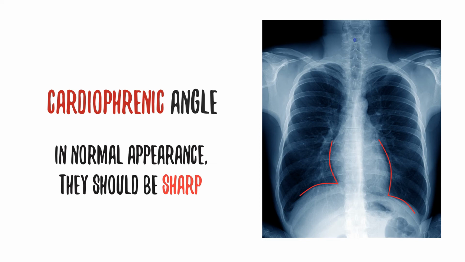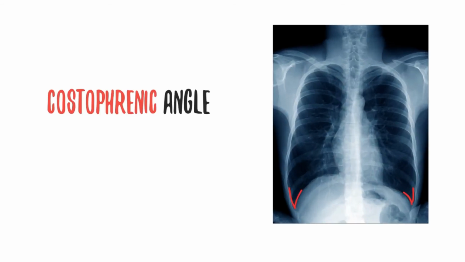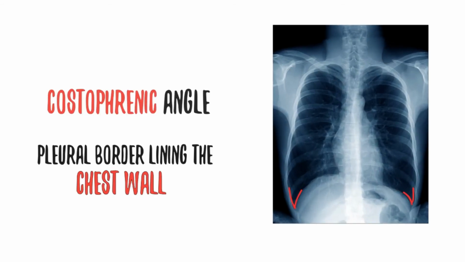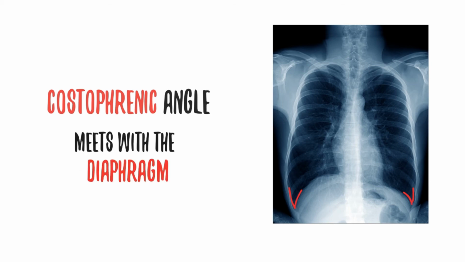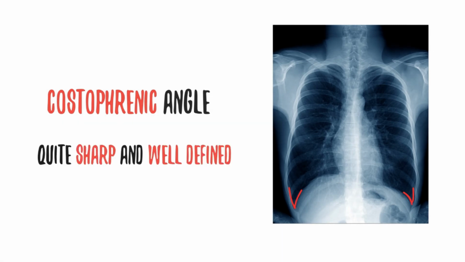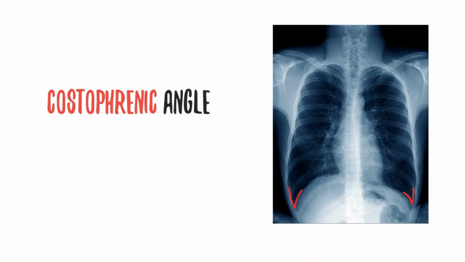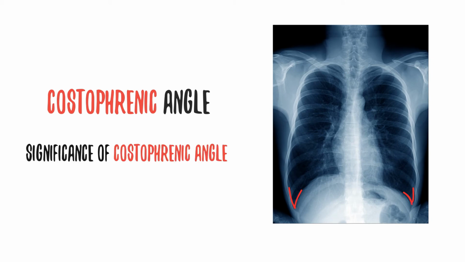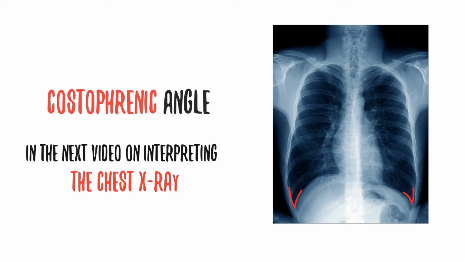Very similarly, we should have the costophrenic angles, which are located where the pleural border lining the chest cavity meets with the border of the diaphragm. Again, these angles should be quite sharp and well defined. You should be able to fit the shape of a V in between either side. Again, the significance of these angles will come into play in our next video on interpreting a chest x-ray.